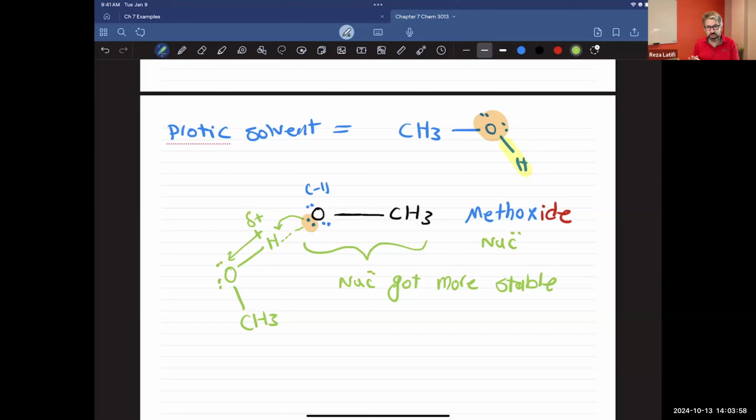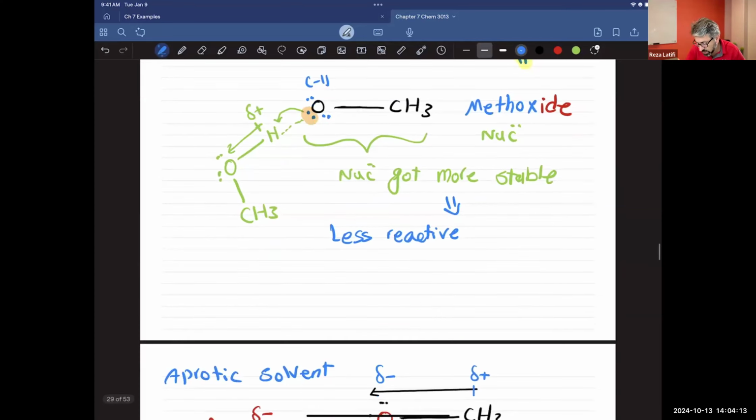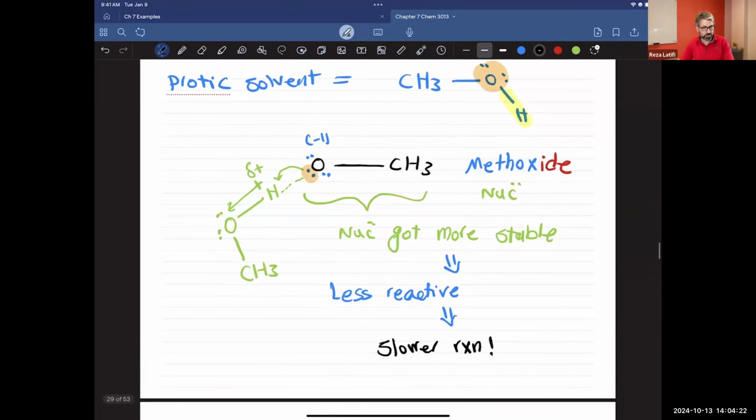Nothing wrong until now. But if your nucleophile gets more stable, it will be less reactive. If it's less reactive, it will give you a slower reaction. So the nucleophile gets stable, and because it's stable, it will be less reactive, and the reaction will be slower.